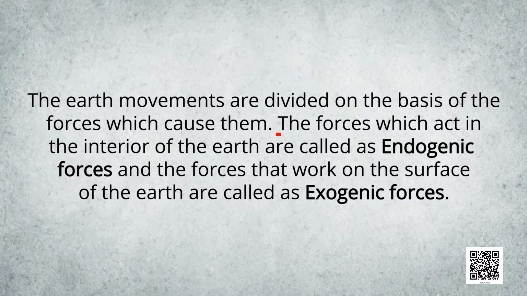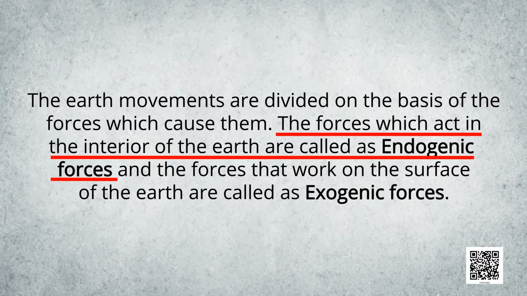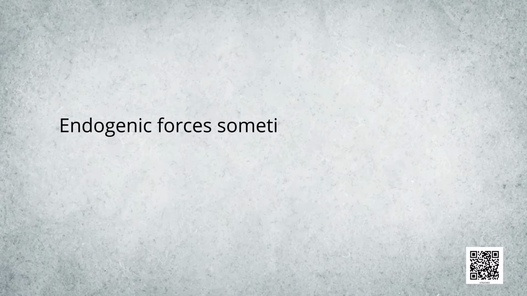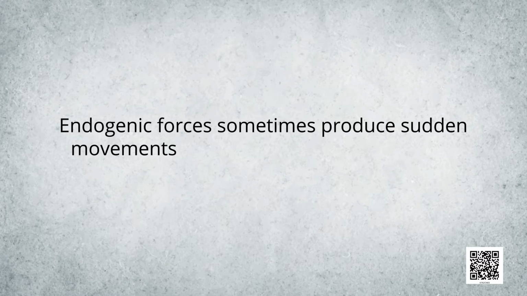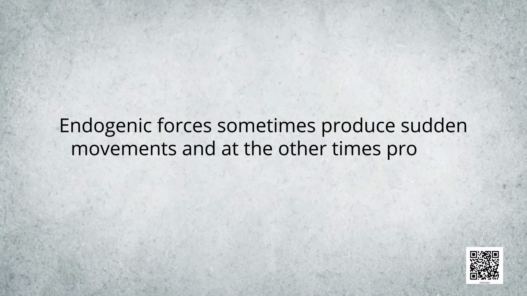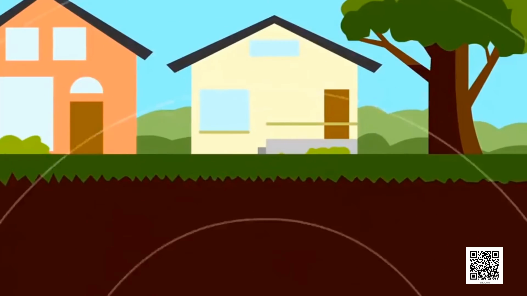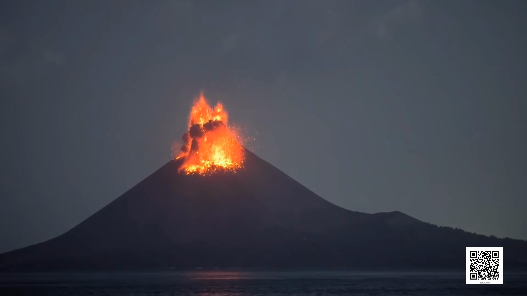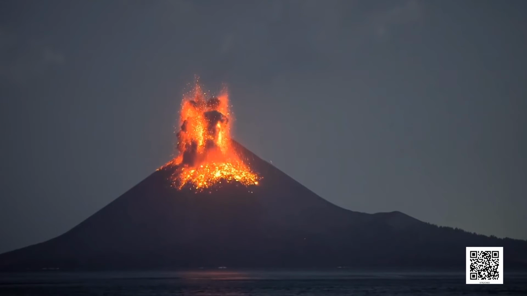So remember, the forces which act in the interior of the earth are called endogenic forces, and the forces that work on the surface of the earth are called exogenic forces. Endogenic forces sometimes produce sudden movements and at other times produce slow motions. Sudden movements like earthquakes and volcanoes cause mass destruction over the surface of the earth.